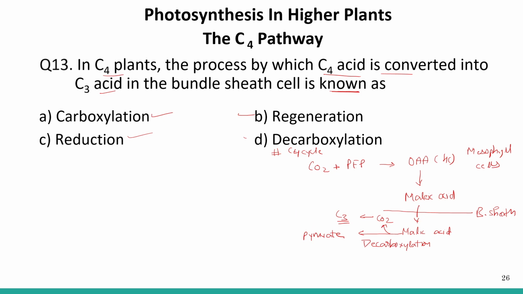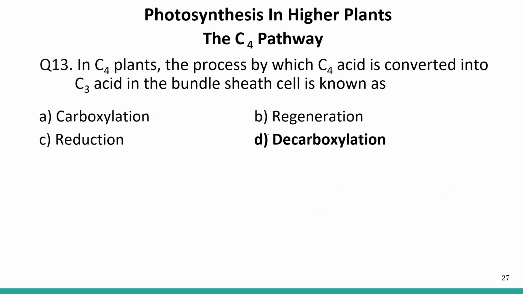This pyruvate goes back to the mesophyll cells and it gets converted into phosphoenol pyruvate. Okay. So, what should be the answer here? Decarboxylation. Okay, there is a decarboxylation of the C4 acid releasing carbon dioxide, which is used in the C3 cycle for the generation of C3 acid, which is 3-phosphoglyceric acid, okay, which is a 3-carbon compound.